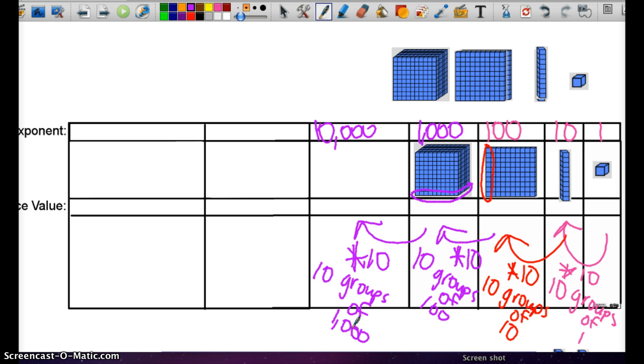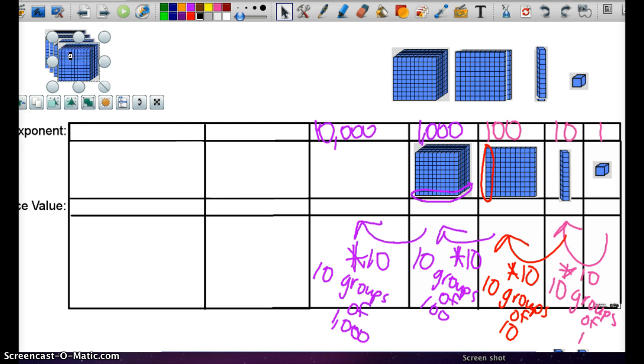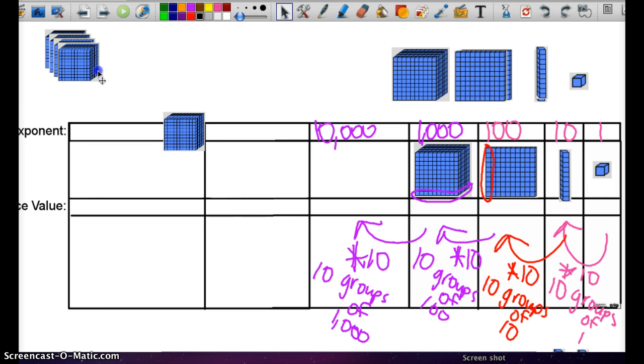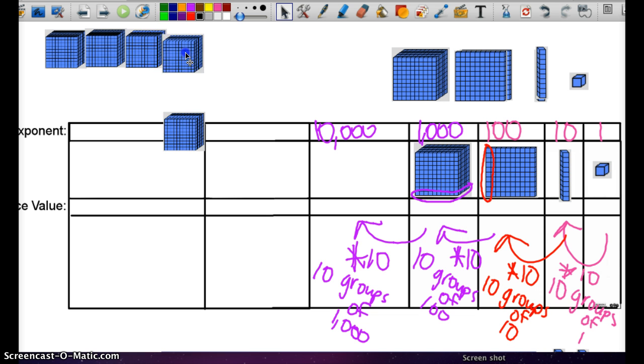Even though it can be a tad bit time consuming, I take one of the thousands cubes and right before the students' eyes use a feature on the Promethean called Duplicate that quickly copies and pastes an image. Talking this out with them, I ask how many times I should duplicate, and we form the answer that we should have 10 of these thousands because there are 10 groups of 1,000.